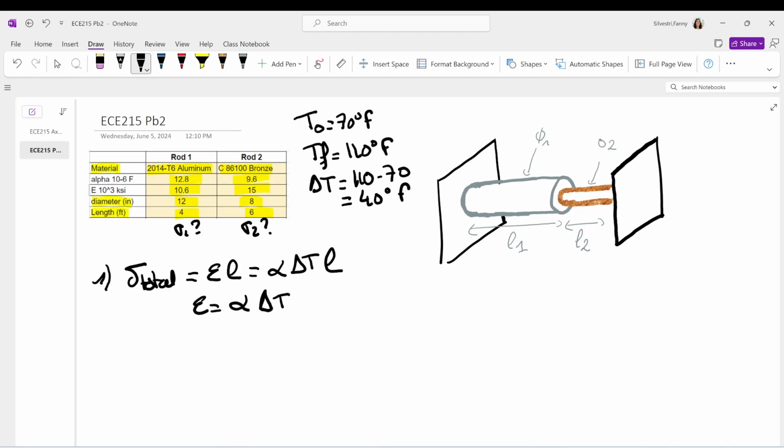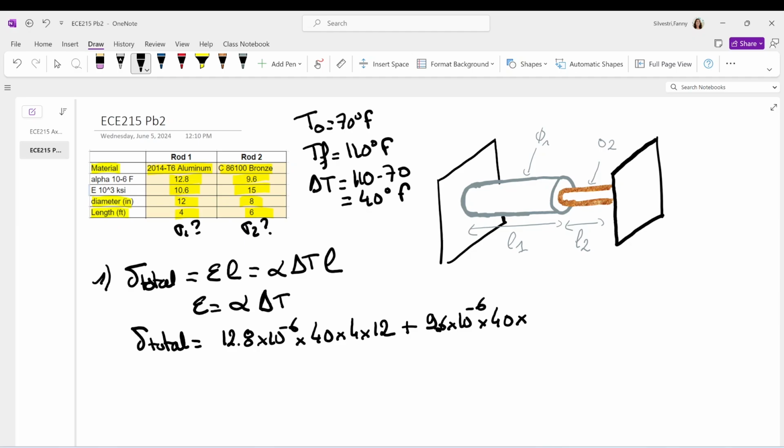So let's do that. Let's make sure we have the correct units too. So the delta total equals alpha 12.8 for the first one, aluminium, times 10 to the minus 6, times the delta T, that is 40, times the length, that is 4, but we need to put that in inches, so times 12, plus the second delta, which will be the alpha, 9.6 times 10 to the minus 6, times the delta T, that is 40, and times the 6 times 12 to get that in inches.